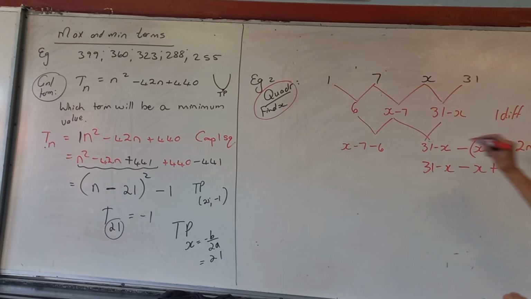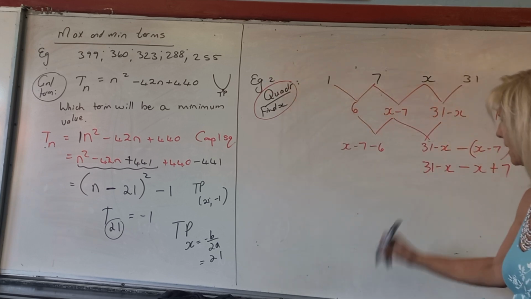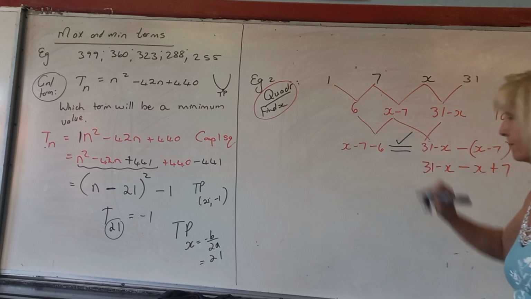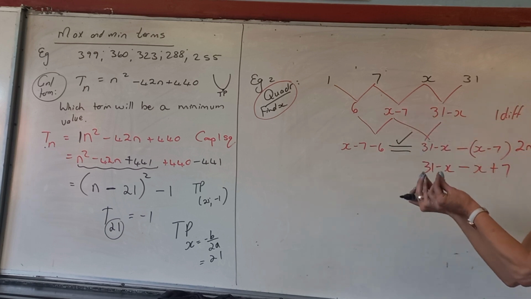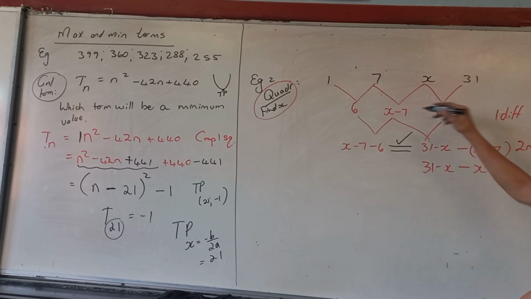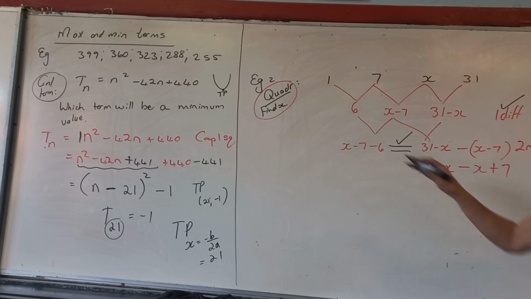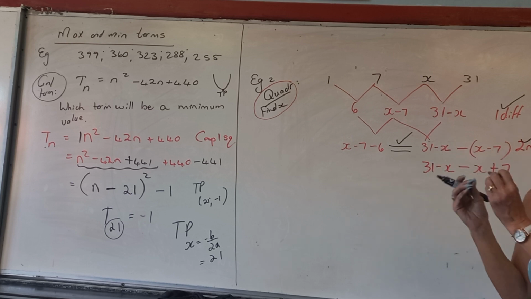Because they told me that this was a quadratic number pattern, so the mark that you're going to get is for saying equal, for knowing that the second differences are equal. And that's how I'm going to solve my x. Normally something like this would be 1 mark for doing the first difference correctly, 1 mark for doing the second difference correctly, and a mark for putting them equal to each other, knowing that you must do that.